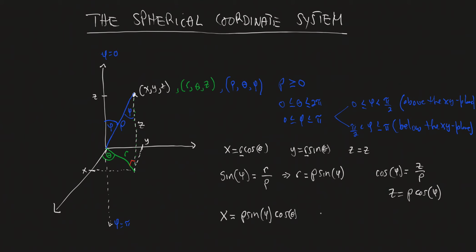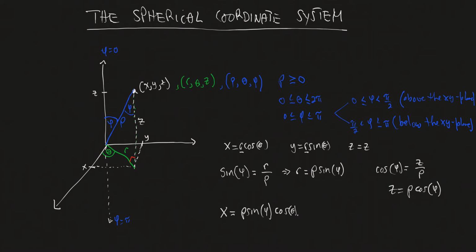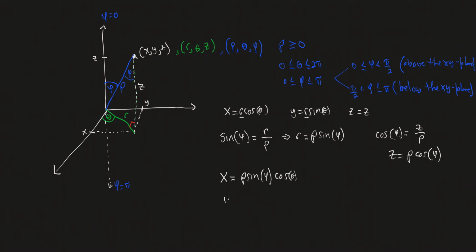And then y is r, same thing, rho sine of phi, but now sine of theta. And then z, write down the z equation over here, it's rho cosine of phi. And there you go. So those are our relationships between all three coordinate systems.